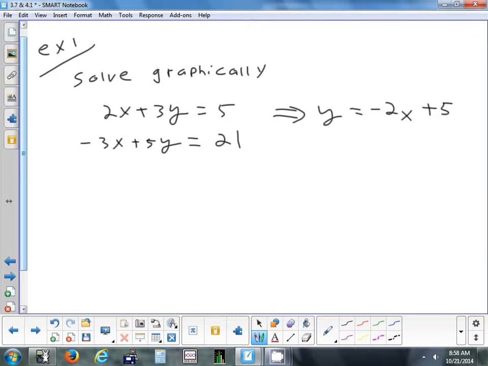And then you're going to have to divide everything through by 3. So y equals negative 2/3 x plus 5/3. Any question how I solved that for y? Okay. And the bottom one, since we're going to do it graphically, we also need to solve that for y. Anybody tell me what y will equal in the bottom one?